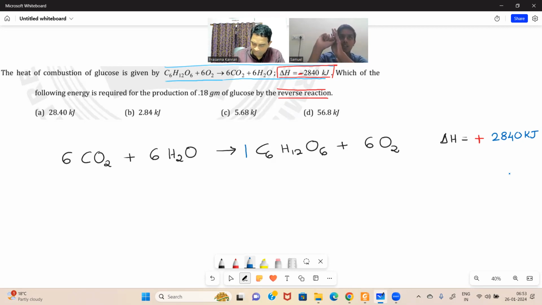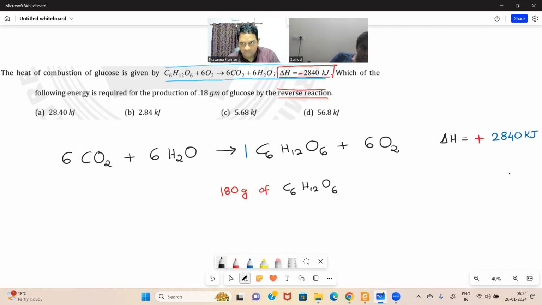So for the formation of 180 grams of glucose by this reaction, how much is the delta H value, Samuel?